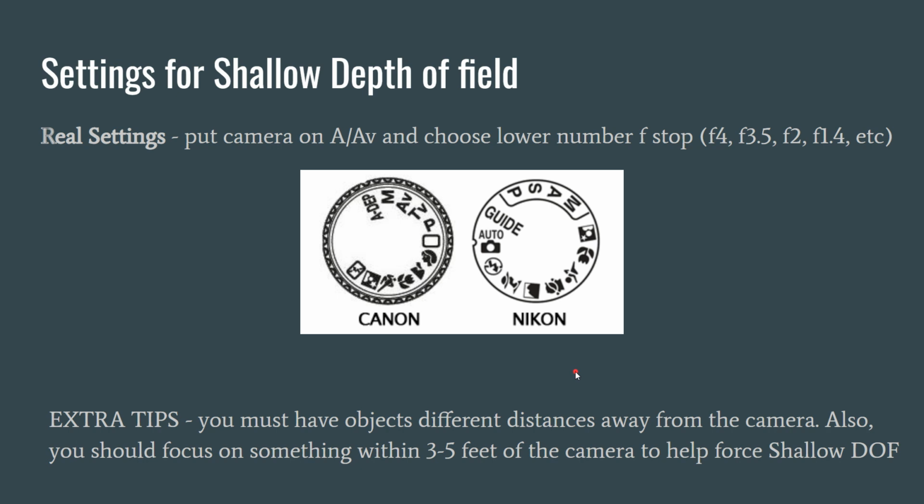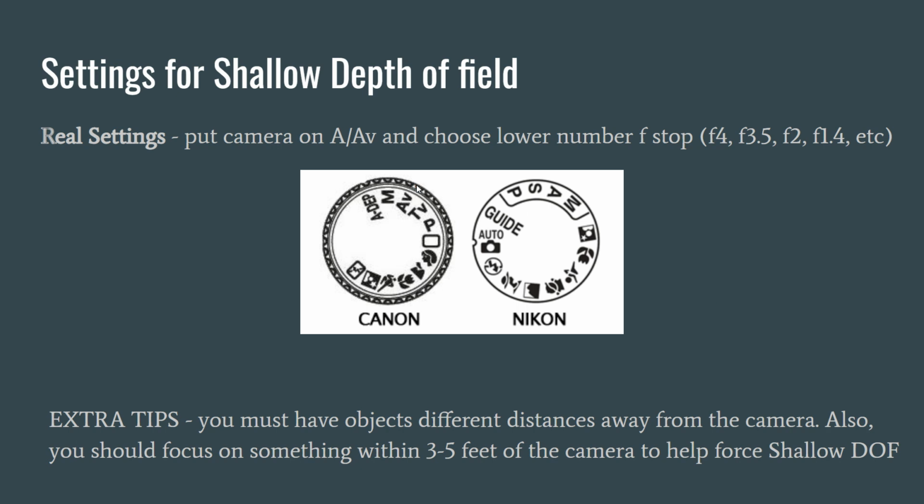Now, if we have a camera that has manual settings on it, you probably have a dial, something like this, whether it's a digital camera or a DSLR, or it could even be a mirrorless camera. Again, in my more advanced video, I talk about shooting manually and how shutter speed and aperture interact with each other.